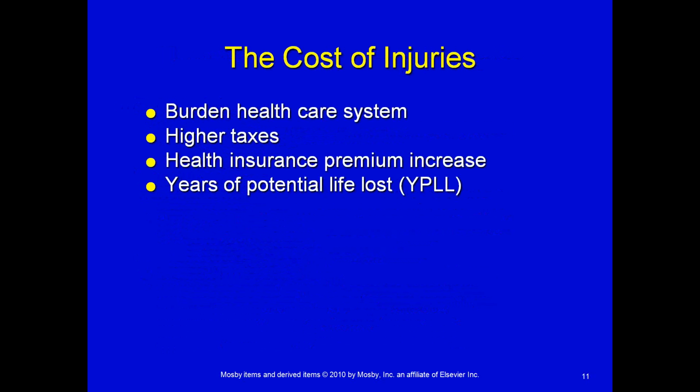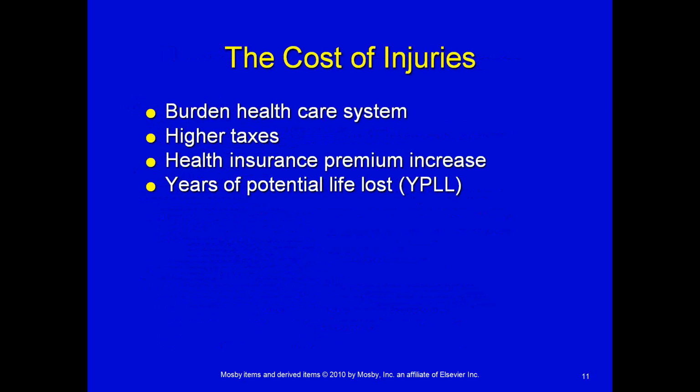The cost of injuries is a major burden to our healthcare system here in the United States. It relates to higher taxes. It relates to higher health insurance premiums, and it certainly again is something that you can measure: the potential life lost in years.